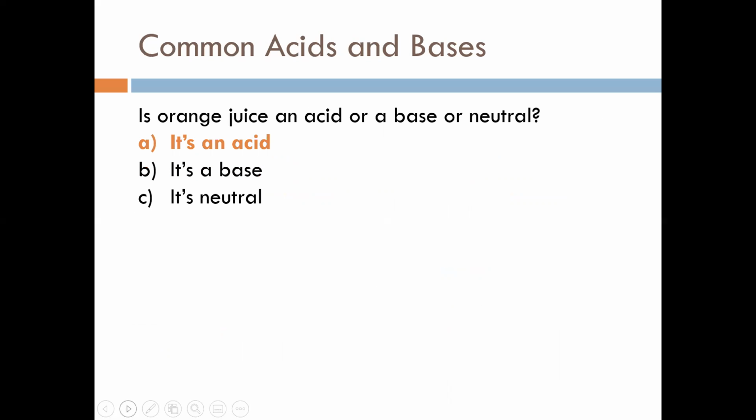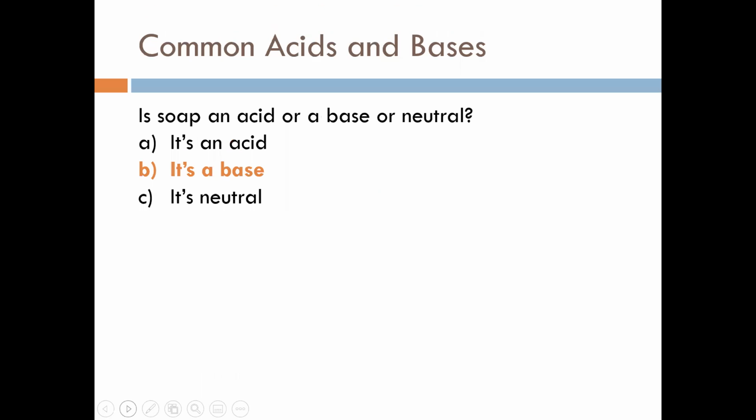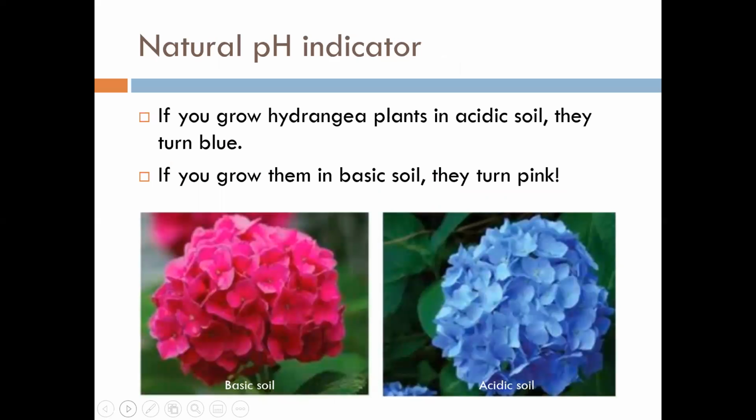Lime juice, orange juice, or citric acids are acids. Carbonated beverages are acids. There's carbonic acid in a lot of your carbonated beverages. Soap is a base. Water would be something neutral. So anything with a pH of 7 would be a neutral compound.